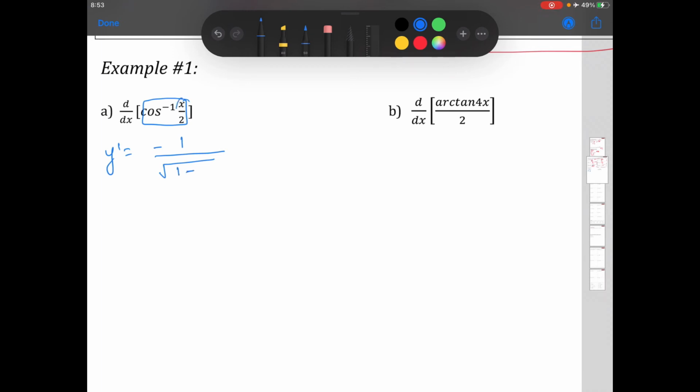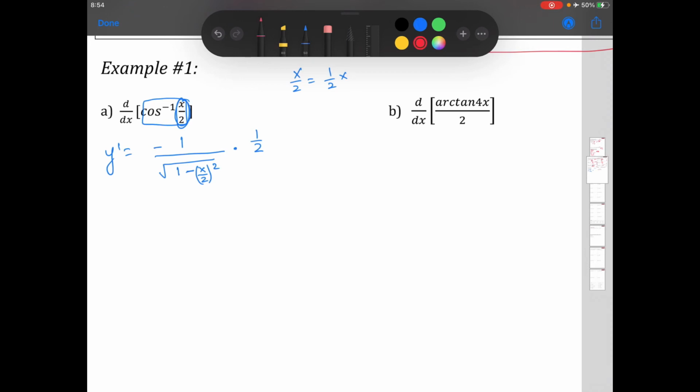So 1 minus, what's my x here? It's x over 2, so x over 2 squared, times, what did I say? The derivative of the argument, right? In the above questions that I gave you, x was there, so it was just times 1. But here it'll be what? 1/2, right? Because x over 2 is the same thing as 1/2 x, so the derivative of that is just 1/2.